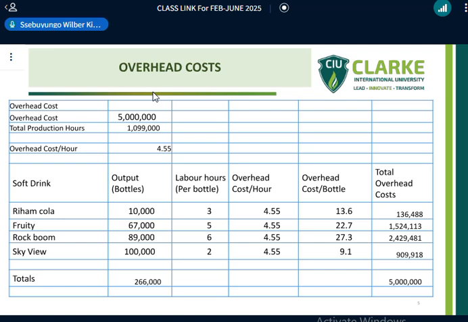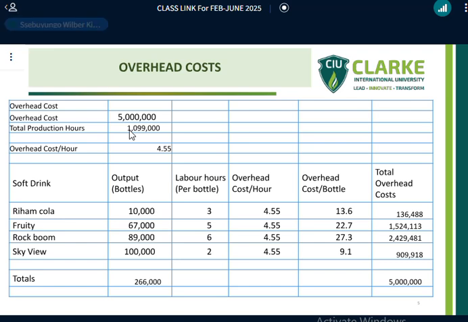You multiply 3 hours per bottle times the total bottles produced for the period, which are 30,000. Then you do the same for all the bottles produced for Fruity, Rock Boom, and Skyview, and total those hours as total labor hours. So the total labor hours we have are 1,099,000.